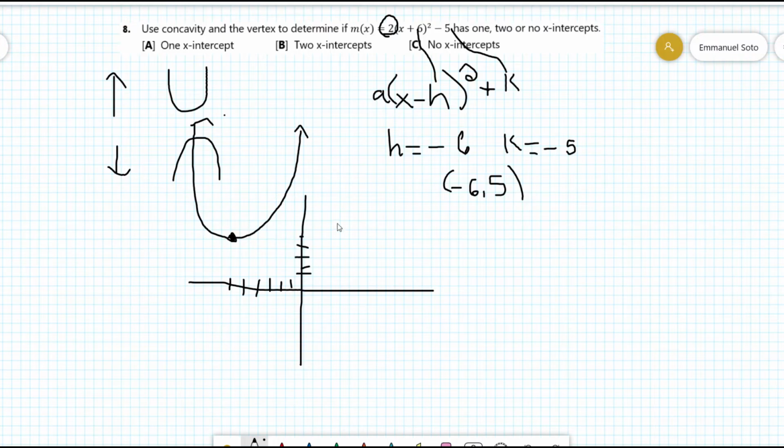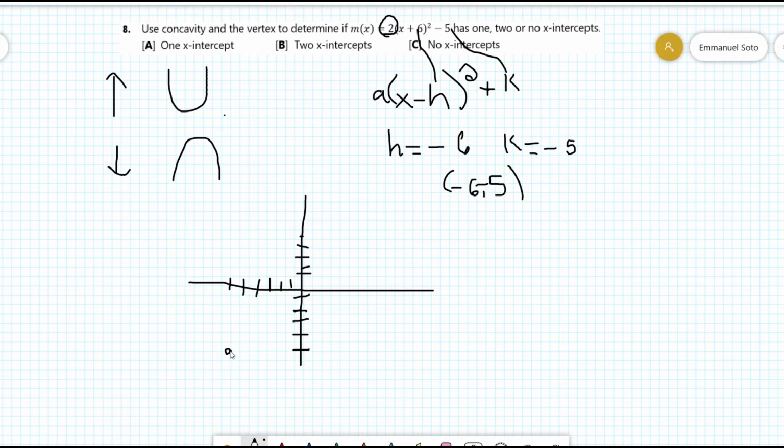Oops, I'm sorry. This is negative 5. I need to go down here. I wrote negative 5 here, I didn't write it here. So that's negative 5. 1, 2, 3, 4, 5. So that's negative 5. So negative 6 and negative 5.